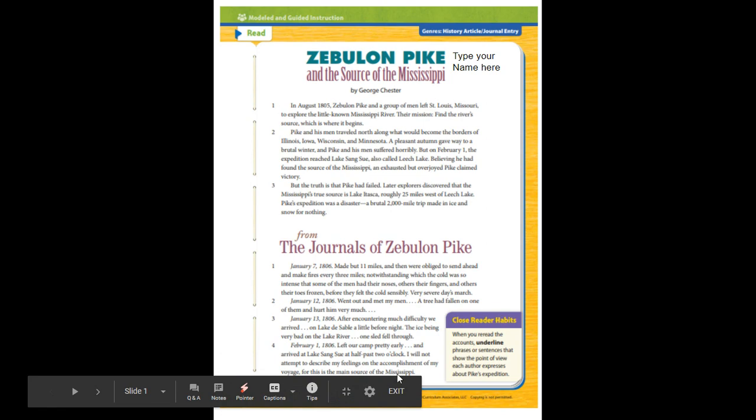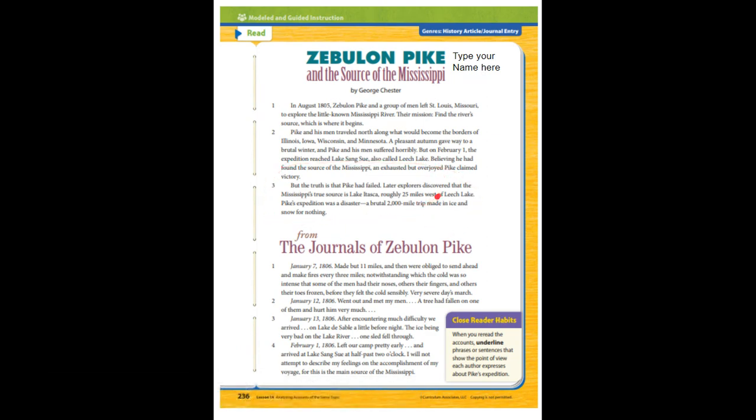So he thought he had it, and he was so proud of himself. But we know that later on, other explorers discovered the true source, and that it was only 25 miles away from where he was. So we have two very different points of view about this event.